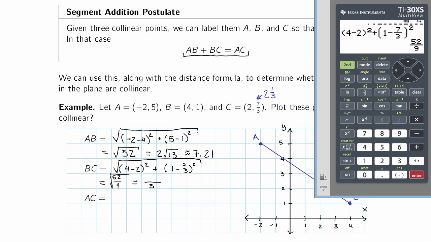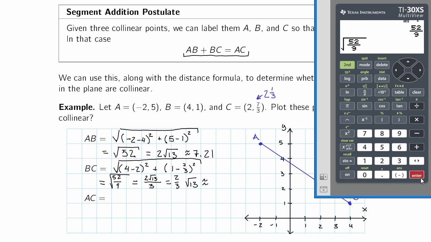Our numerator, well, we already know that root 52 simplifies to 2 root 13. So we could write this as 2/3 times root 13, or as a decimal approximation, this is about 2.40.